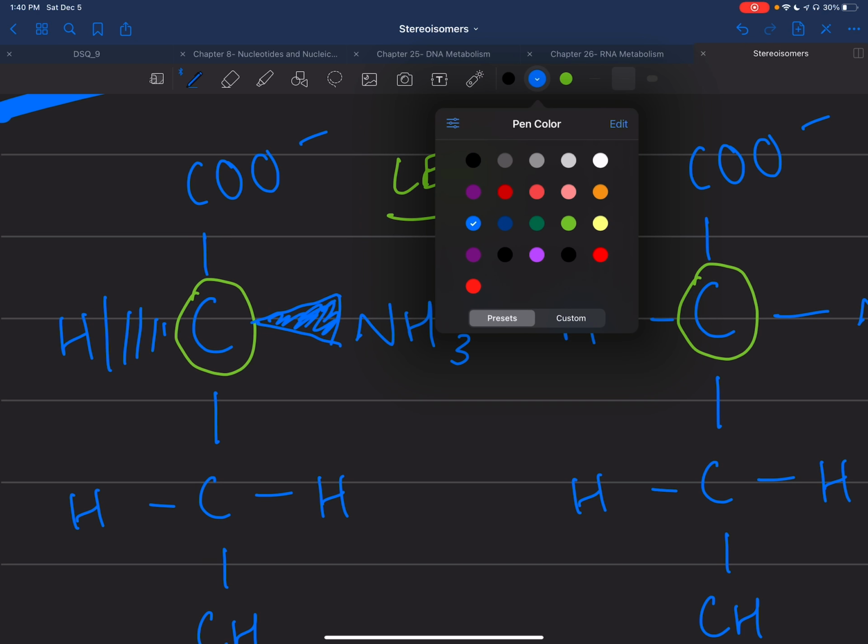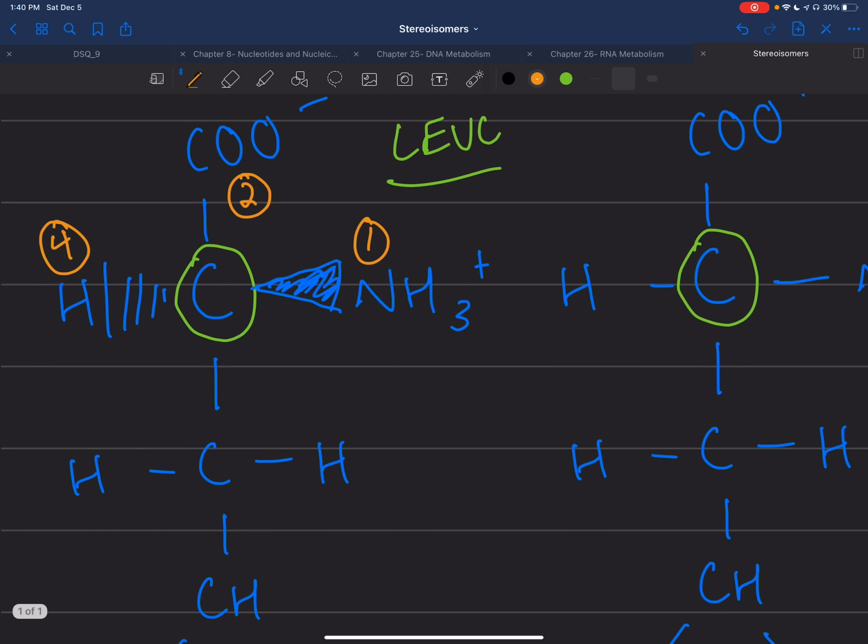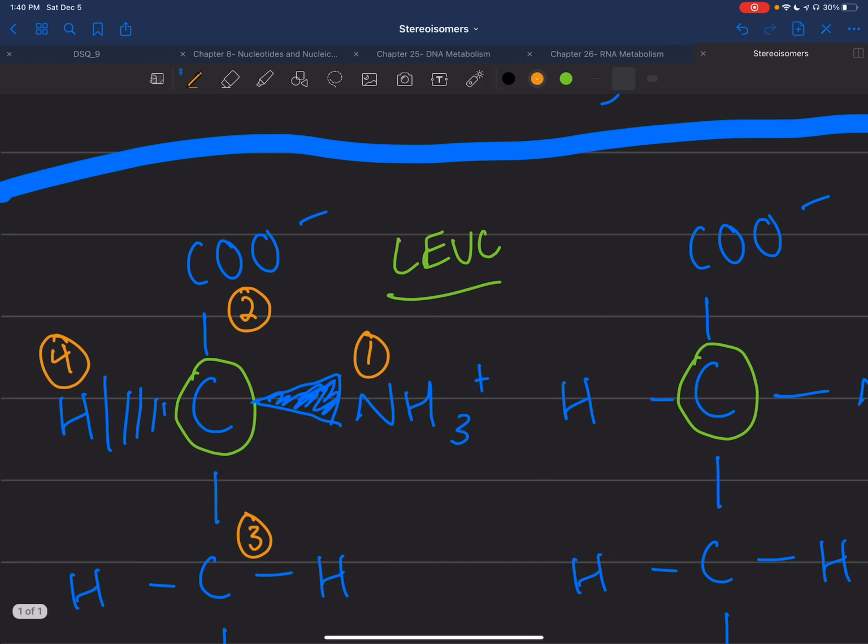This is going to be our one group. We're hitting a carbon. This hydrogen is going to be our four group. We're hitting a carbon attached to an oxygen. That's going to be two. And we're hitting a carbon attached to two hydrogens and another carbon. This is going to be three. Pretty sure that's correct. You go to your immediate things first.